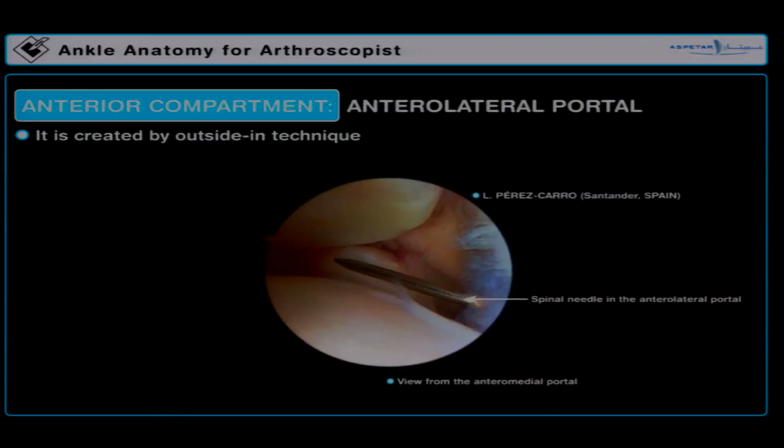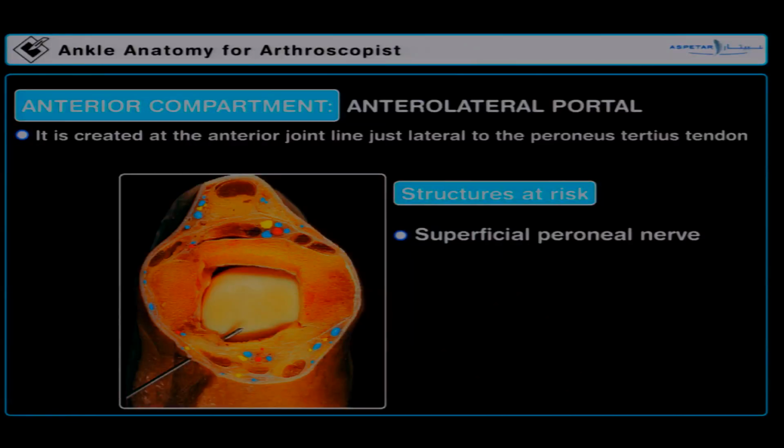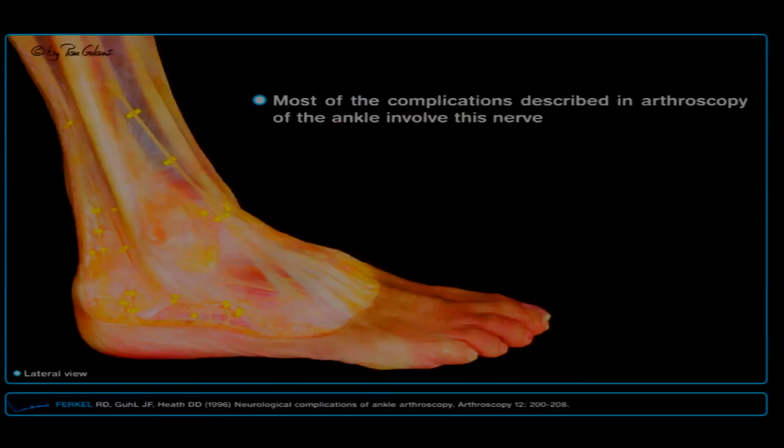And the anterolateral portal is created by outside-in technique with control of the arthroscope in the anteromedial portal. When performing this portal, the main structure at risk of injury is the intermediate dorsal cutaneous nerve. This is a superficial peroneal nerve branch every time, and I think it's very important you remember this is the most common complication described in ankle arthroscopy.